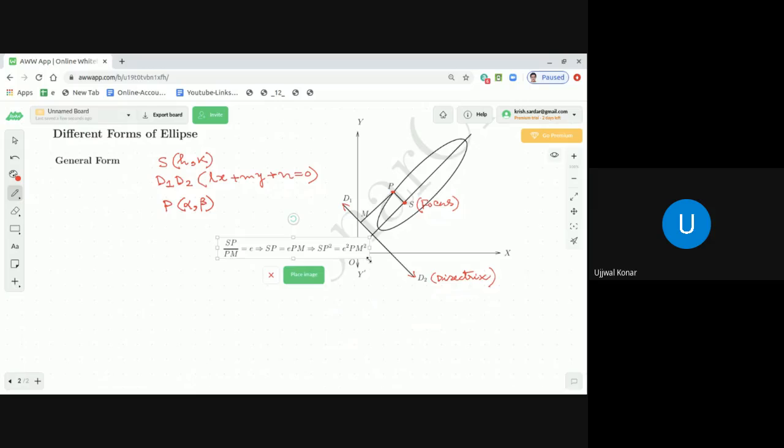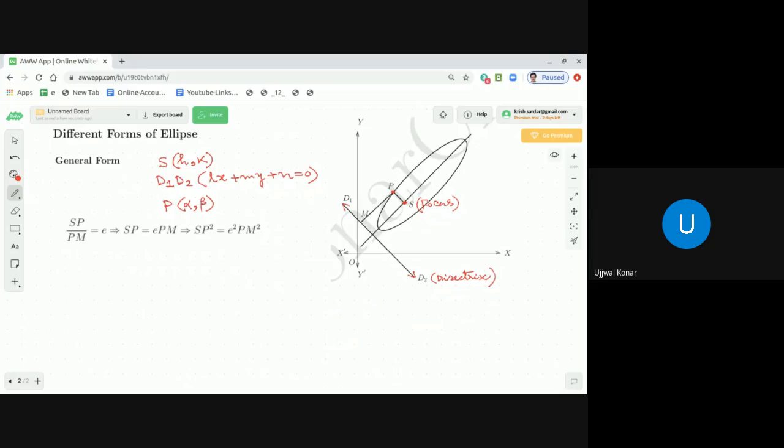SP by PM is equal to E. That means SP is equal to E into PM. That means SP square is equal to E square into PM square. I hope you understood that E stands for eccentricity. Correct? Absolutely clear, dear students?